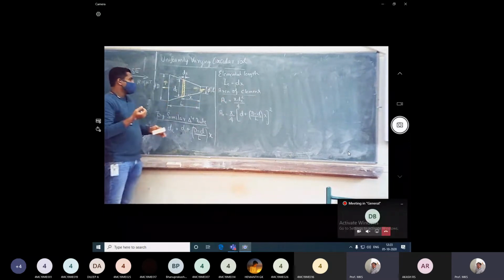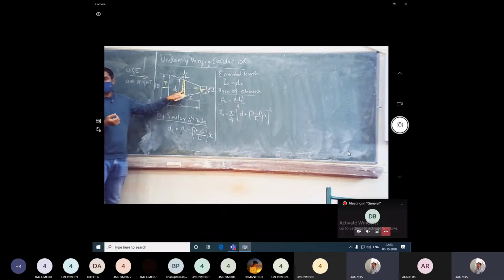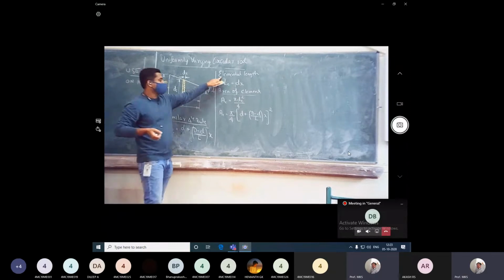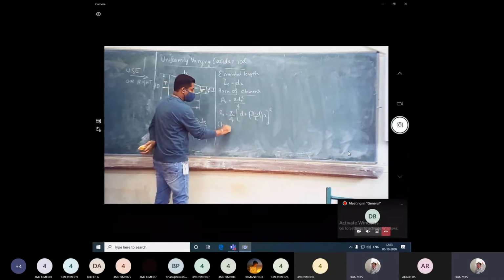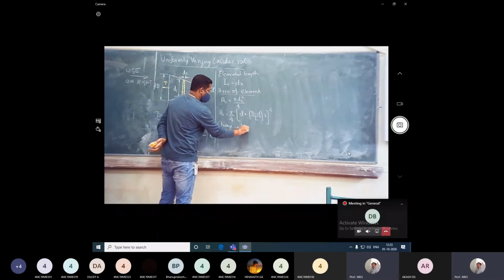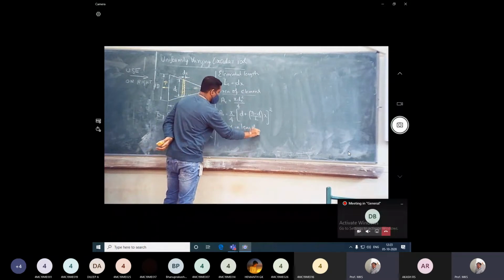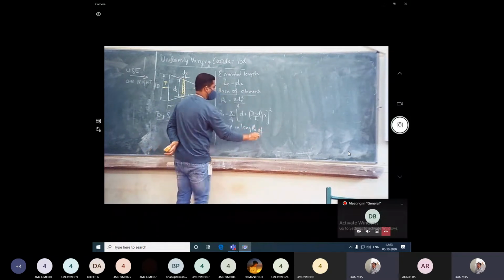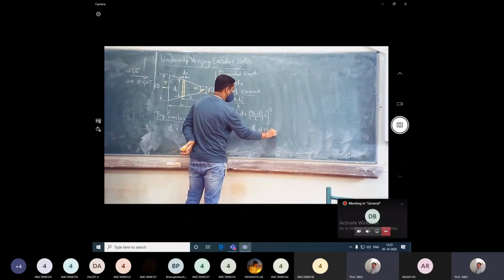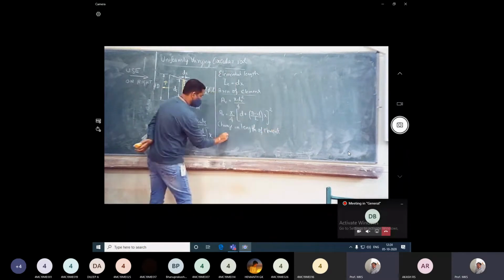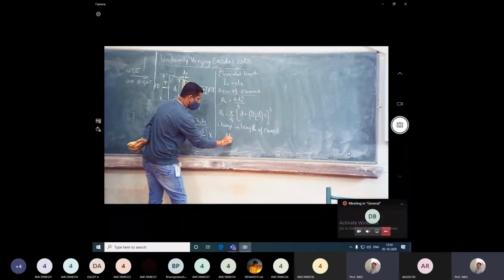So next, the change in length of the element considered. Let it be delta LE.